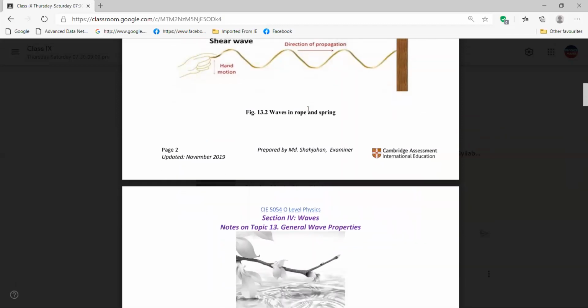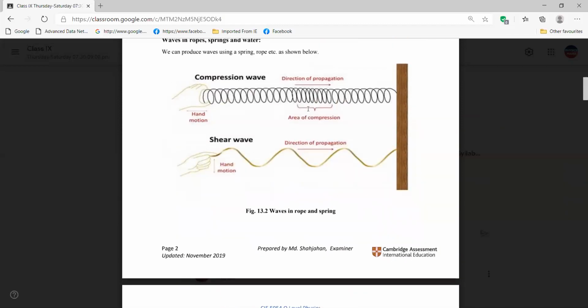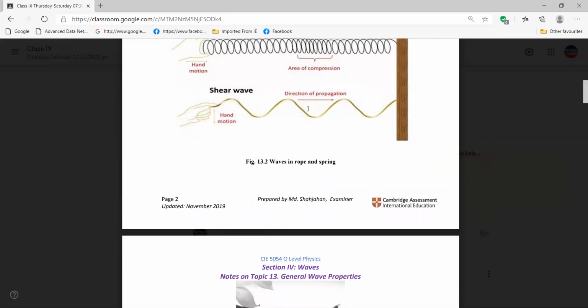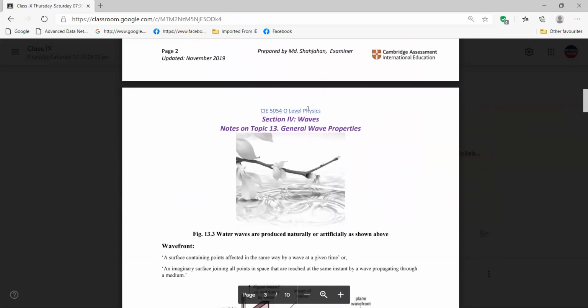We are having two waves produced here by spring and rope, and we have some natural waves like water waves, right? Yes, sir. You see from the tree, the drop of water is falling on the pond or the place or the river.